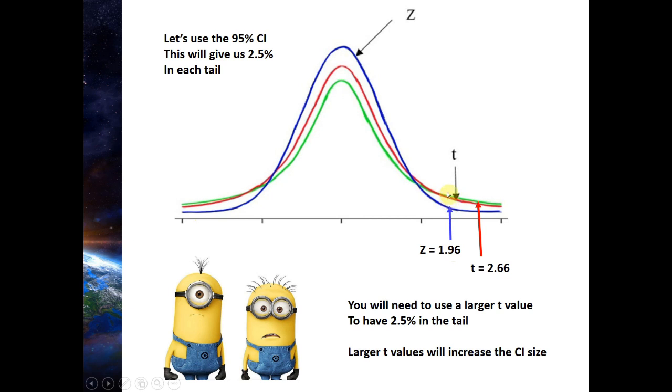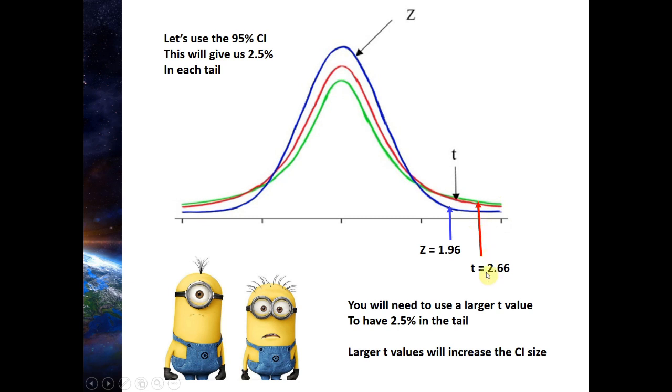So if we were using a t-score and the t-score was 1.96, we would have more than 2.5% in the tail. So we have to move along the x-axis and stop at the value of t where anything beyond it, this area here, is now 2.5%.